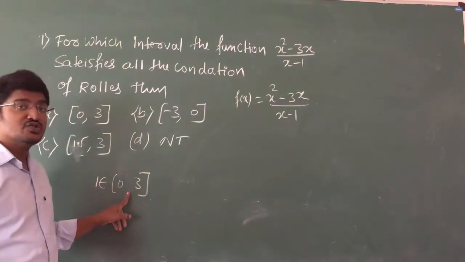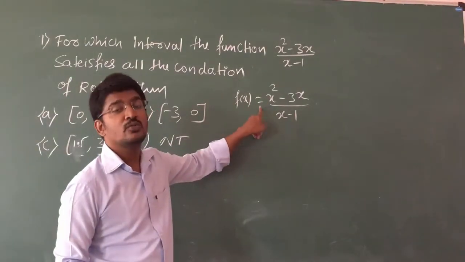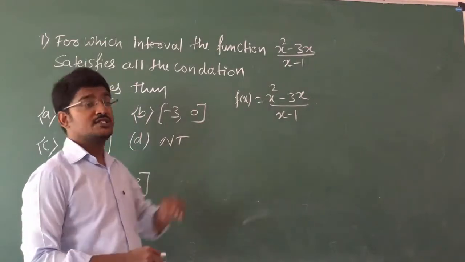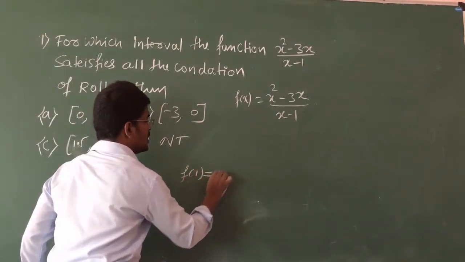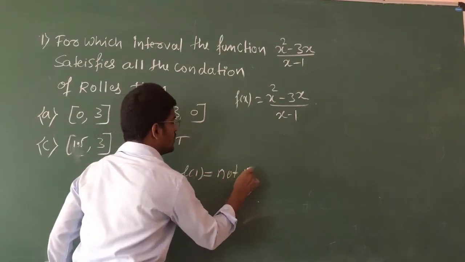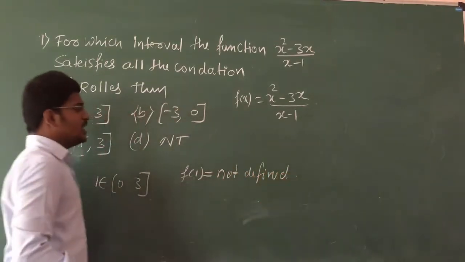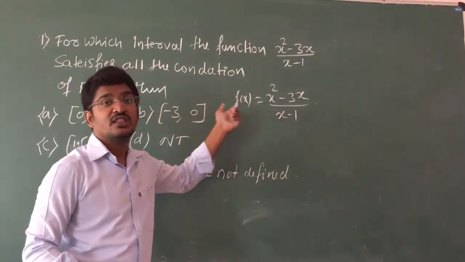For 1 belongs to (0, 3), this function is not going to be continuous, because f of 1 is not defined for this function.